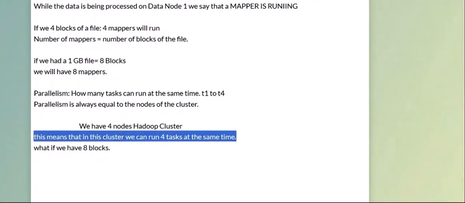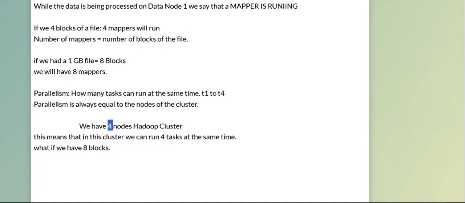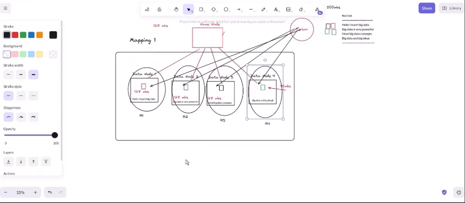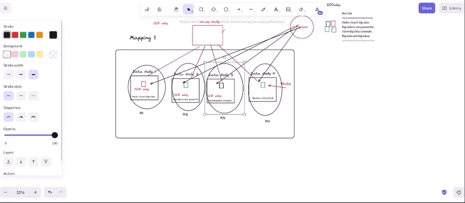And what is parallelism? It is equal to the number of nodes. I hope this makes sense. This means we can run 4 tasks at the same time. And if we have 4 blocks, we will be having 4 tasks. And what is a task? Task is a mapper activity.